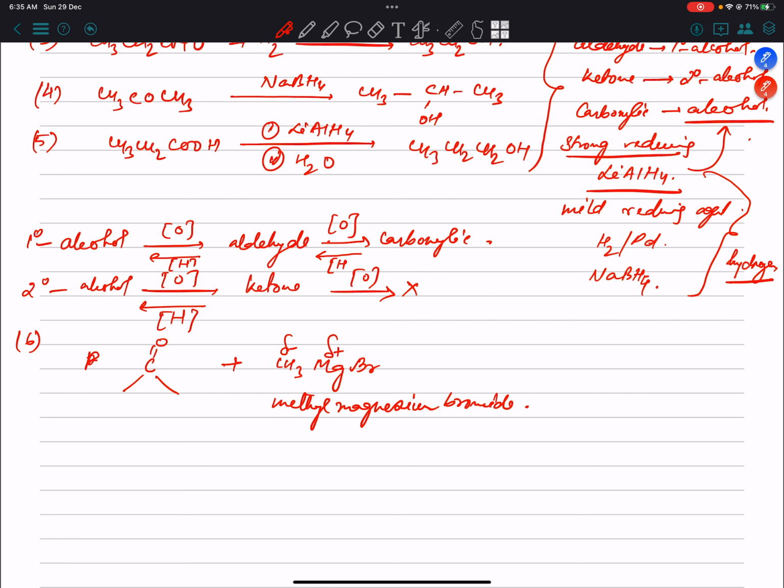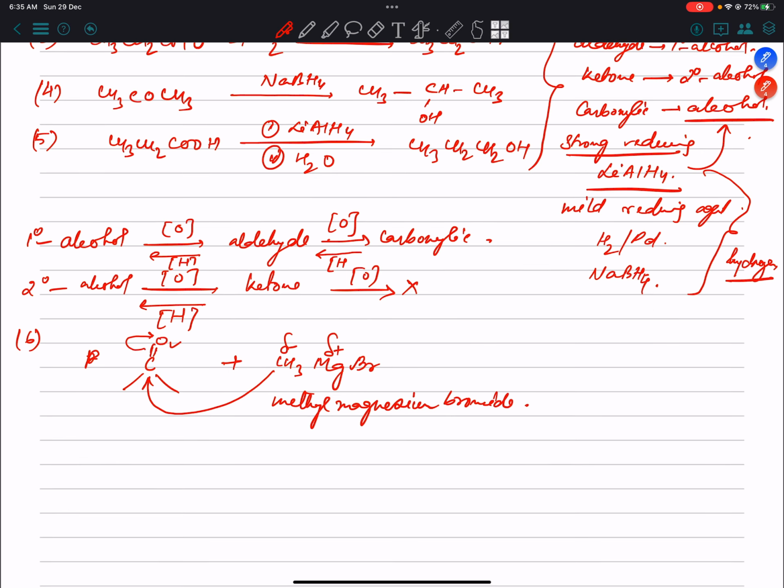In aldehyde or ketone, the C double bond O bond can be shifted to oxygen, and oxygen becomes electron rich and carbon becomes electron deficient. So this CH3 minus of Grignard reagent goes to the electron deficient carbon of aldehyde, and this oxygen attracts magnesium bromide.